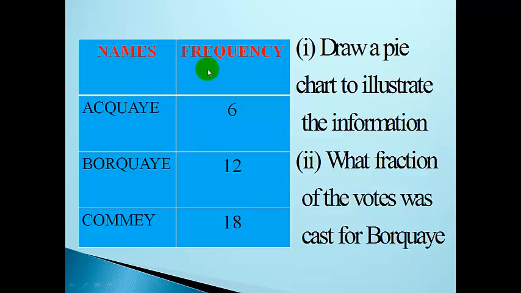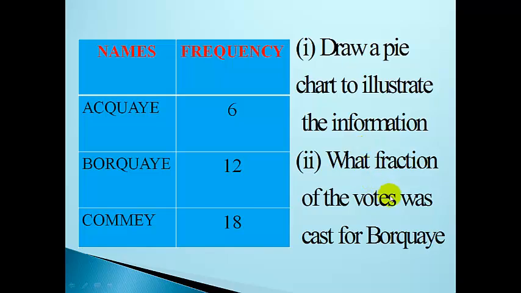We have the names and the frequency. We have Akwe, Bokwe, and Kome. Now, the frequency is 6, 12, and 18 respectively. That means that Akwe had 6 votes, Bokwe had 12 votes, and Kome had 18 votes. Now, the question: draw a pie chart to illustrate the information.